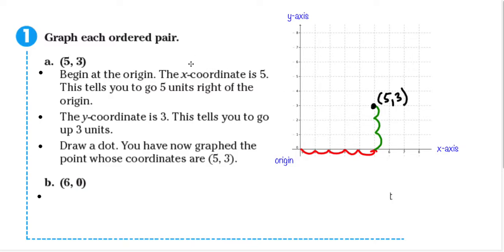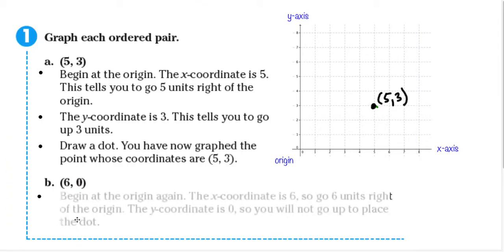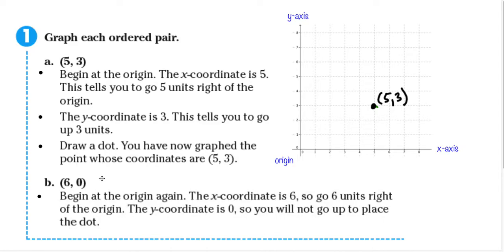And letter B, 6, 0. Let's just leave 5, 3 there and do letter B, 6, 0. 6, 0 tells you to always begin at the origin. That's why it's called the origin.